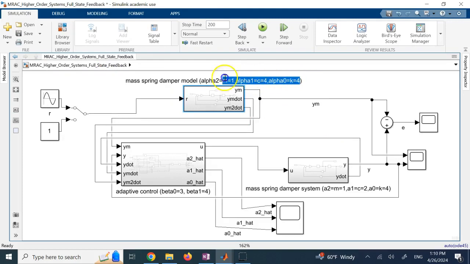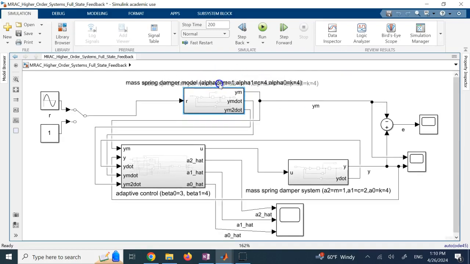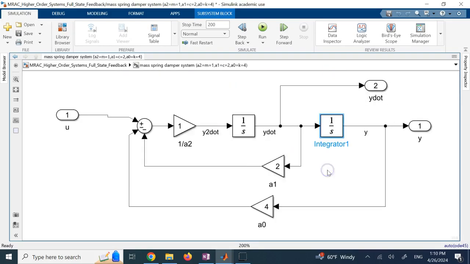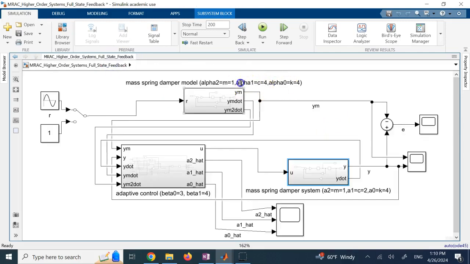So the behavior of the model is critically damped. As you can calculate, the damping coefficient is 1 for this system. For this one here, the damping coefficient is 0.5. So the system behaves underdamped, but your model behaves critically damped. And I want this underdamped system to behave like this critically damped system.